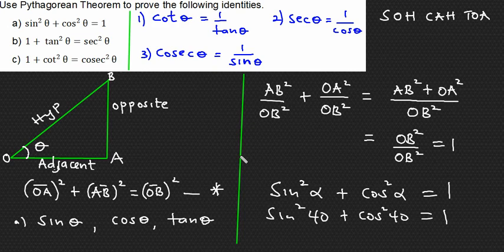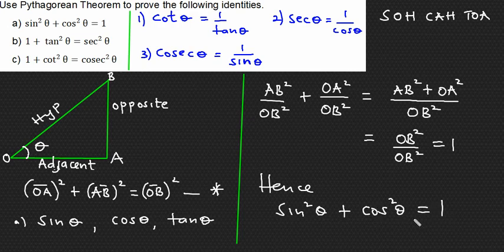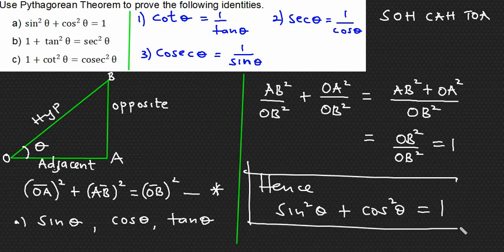You have to know it. Sine squared plus cos squared gives us a 1. So now what was required is here. So we just conclude that hence sine squared theta plus cos squared theta is equal to a 1. Part A is done. Now we are going to part B.